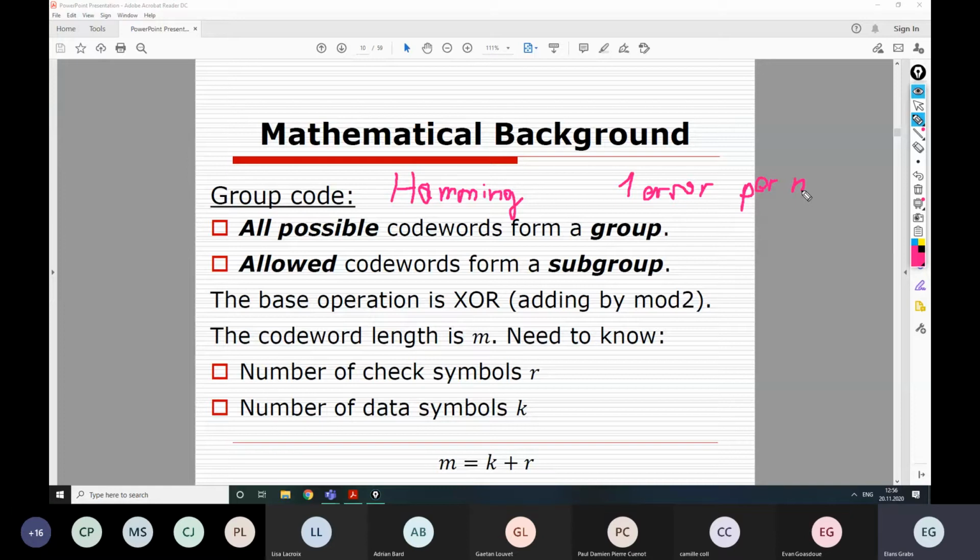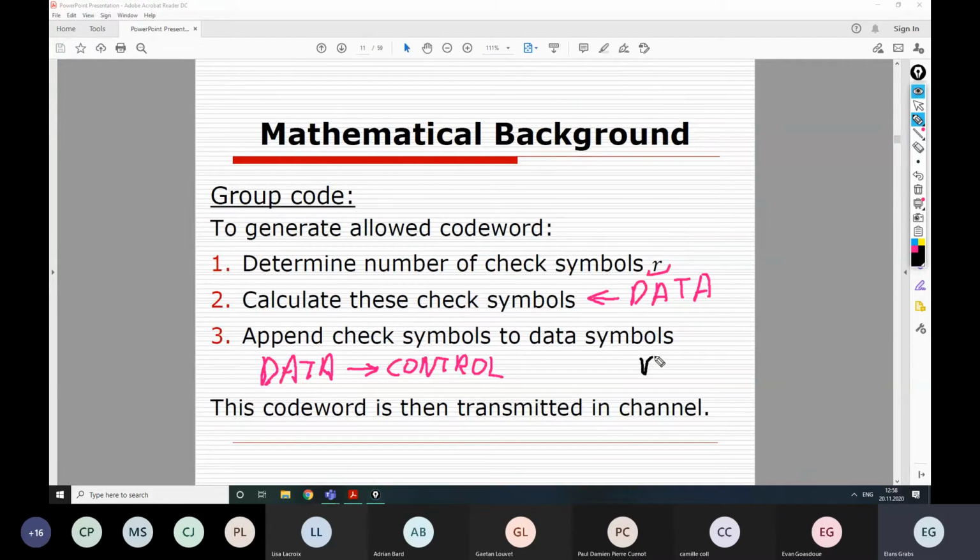Then, if we know how many symbols we need, we can calculate these check symbols based on the data to be transmitted. So we have some data to be transmitted, and we use this data as input for our check symbols calculations. So basically we have data from which we calculate control or check, and then at step 3 we merge them together.